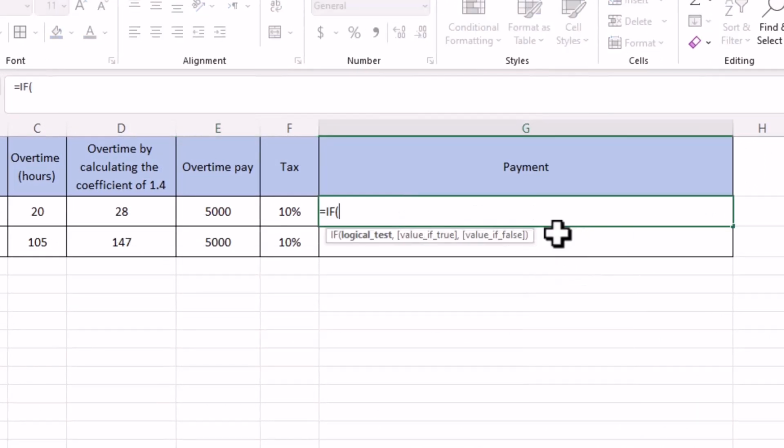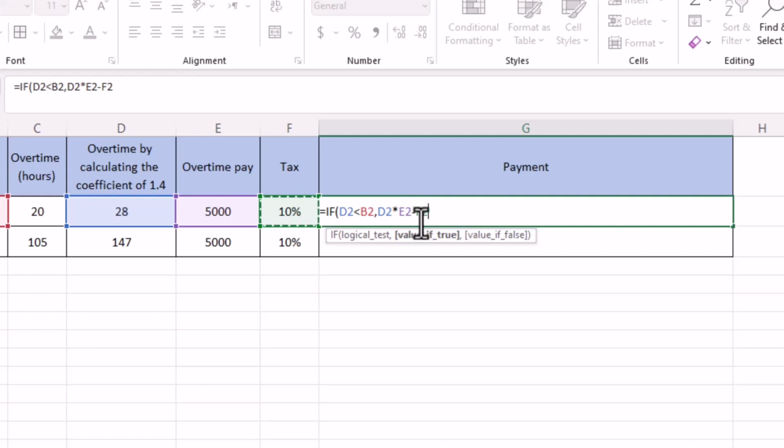We write IF cell D2 was smaller than the ceiling, that is cell B2, comma, multiply cell D2 by E2 minus the tax, that is F2.